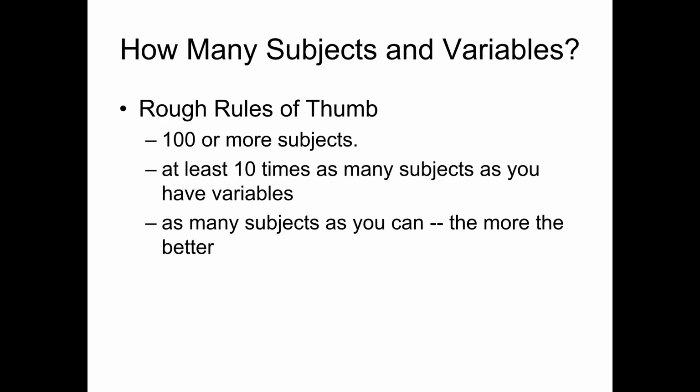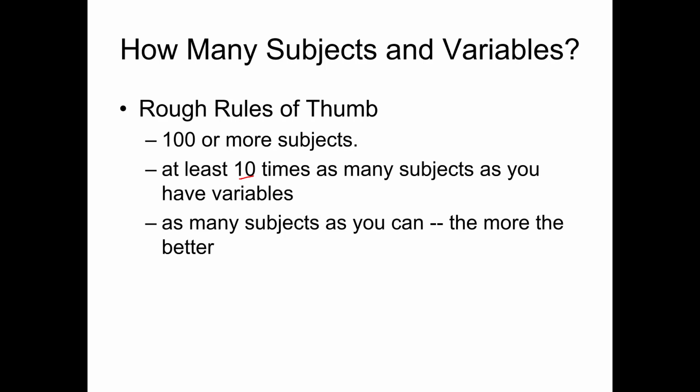All right, when we do exploratory factor analysis, we need a lot of participants. So this is not something that we have small samples for. I would say 100 or more people. And I have found this number, and I would actually say more is even better, but at least 10 times as many participants as you have variables.